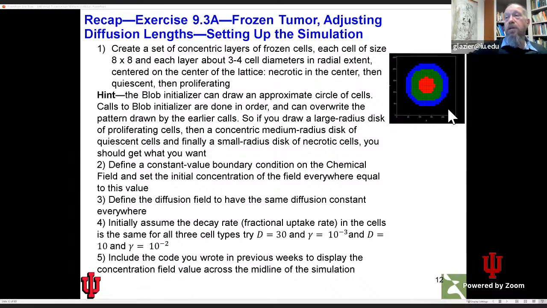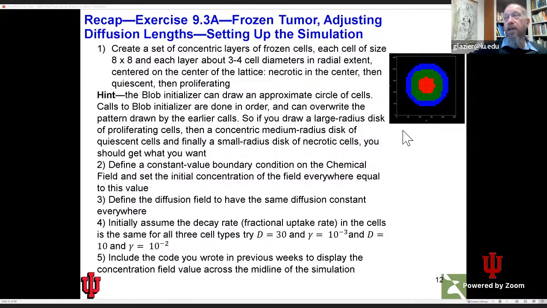To do that, make the cells frozen, define a constant value boundary condition on the outside of the chemical field, and set the initial concentration of the field equal to that value. Use a single diffusion constant. And I'm suggesting trying a D of 30 and of 10.